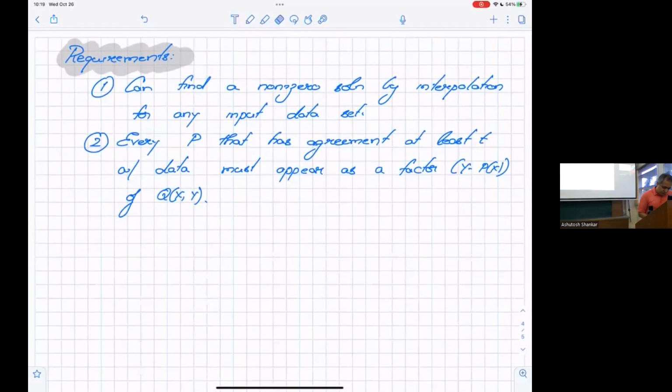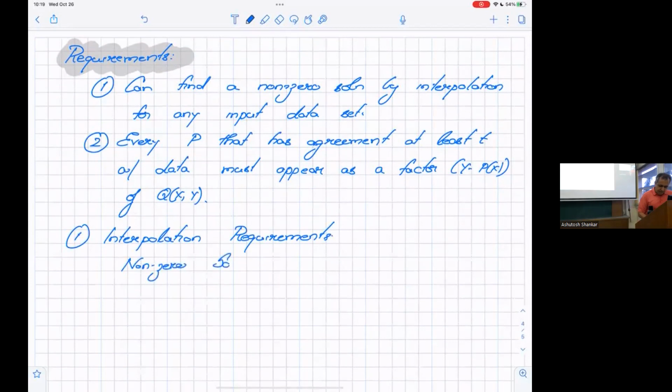So let's go to the first one, which is the interpolation requirement. This is what we had said already. A non-zero solution exists if the number of variables is greater than the number of equations.